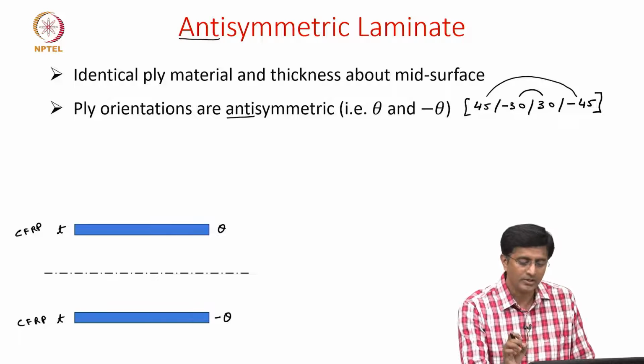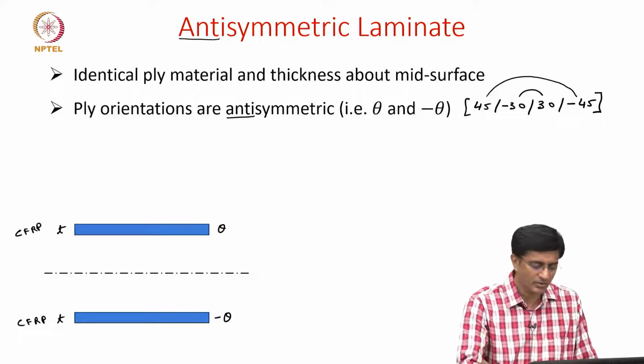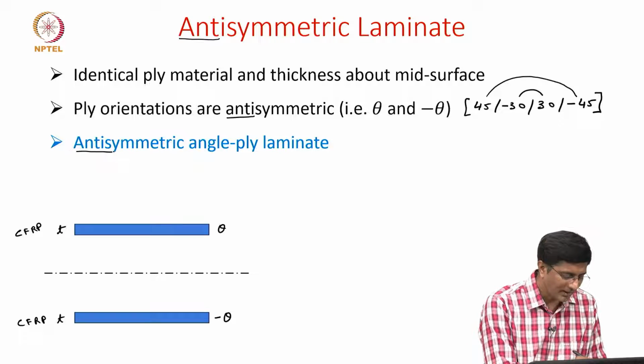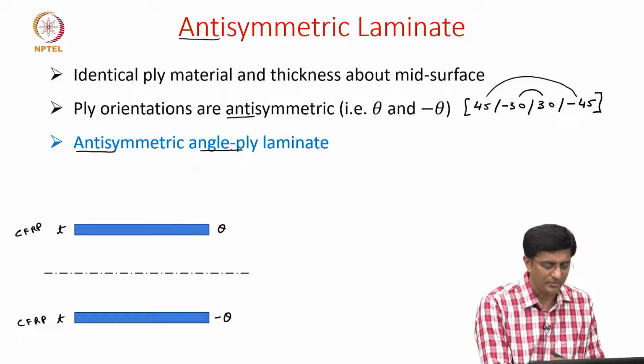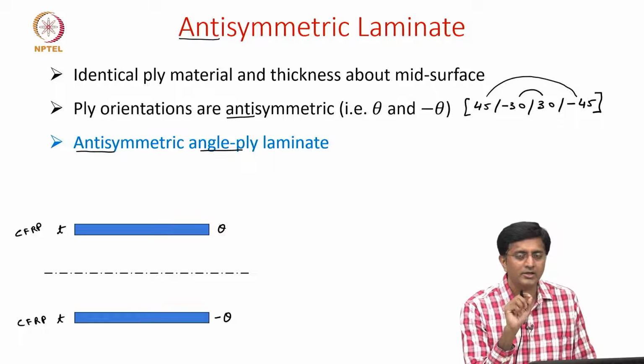What is symmetric here is that we are assuming both the 45 and the minus 45 are made of the same material and are of equal thickness. The same goes with the layers minus 30 and plus 30. So let's look at another subcase where we are discussing antisymmetric angle-ply laminates. We call it angle-ply if all layers follow one single angle, either theta or minus theta.